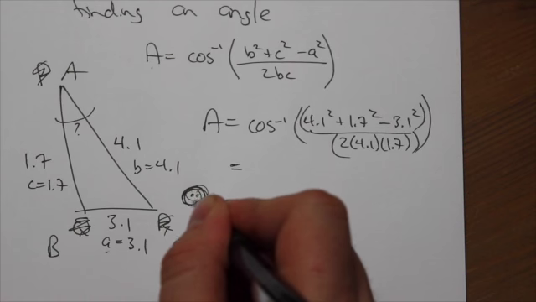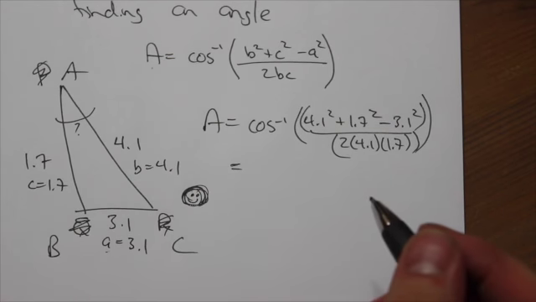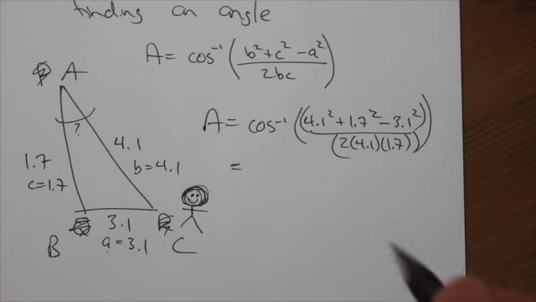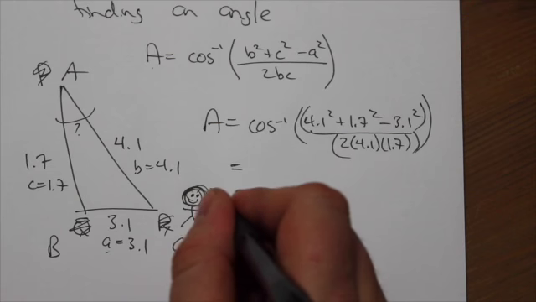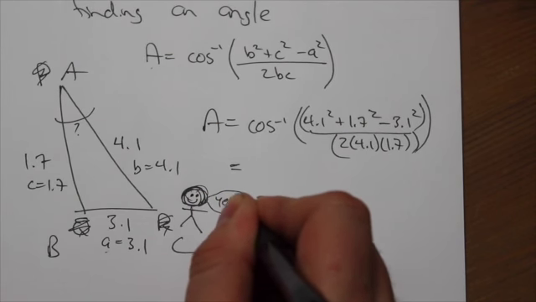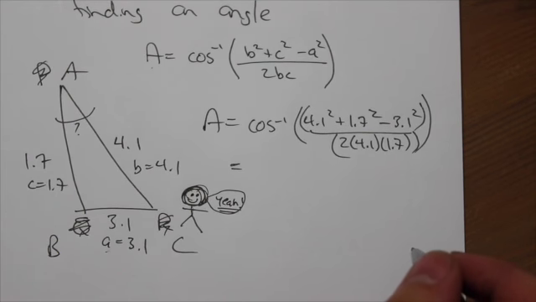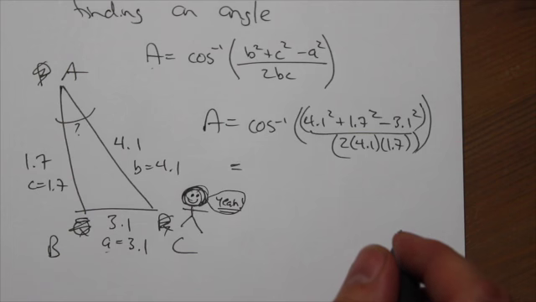Maybe put a little happy face in it until the calculator turns back on. See, here's someone who's happy to do trigonometry. Yay for trig. So happy, hey? Still waiting for the calculator to load. Okay, here we go, finally.